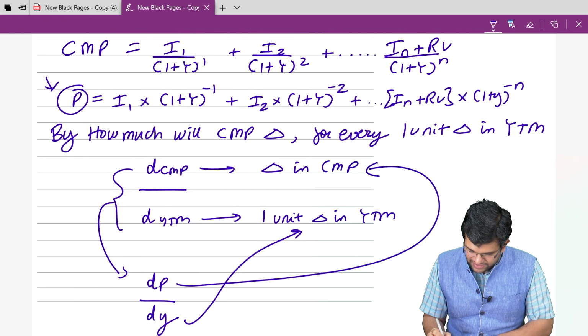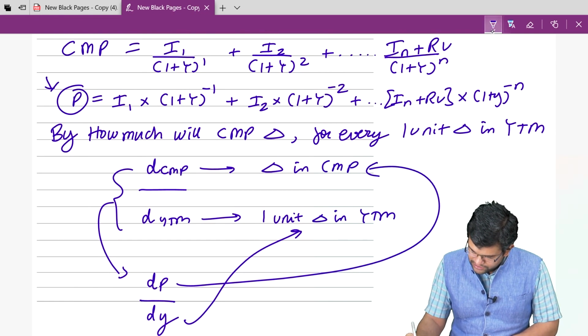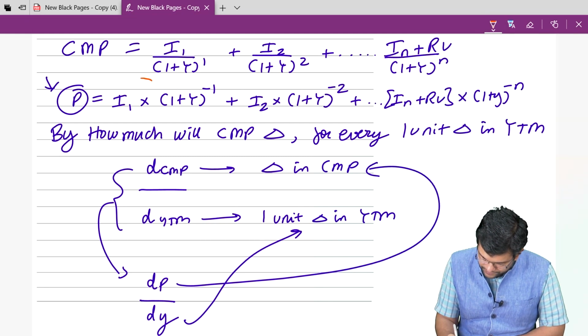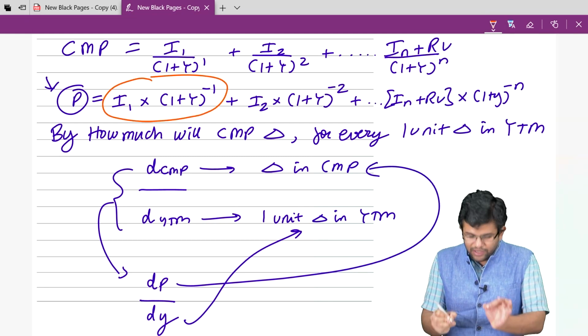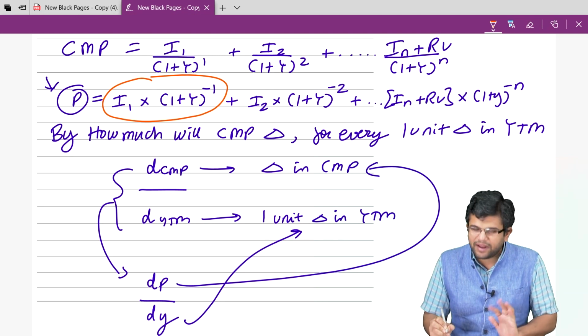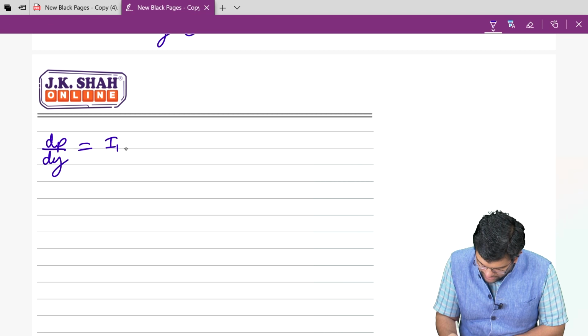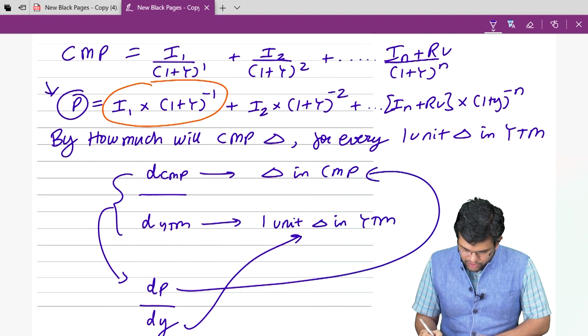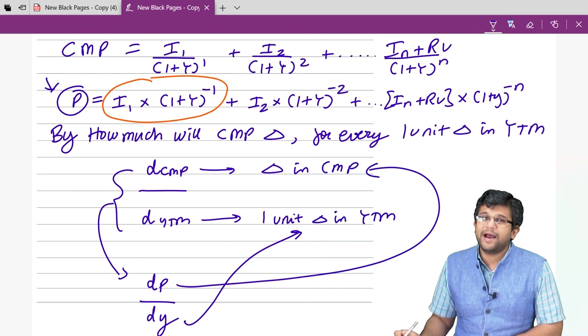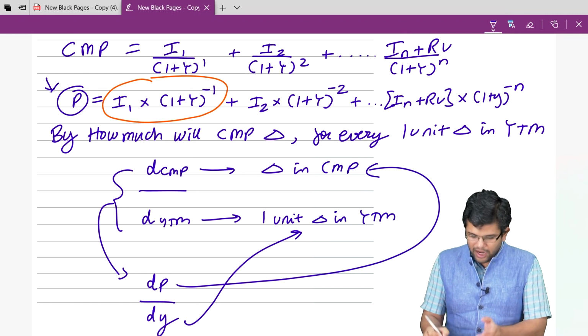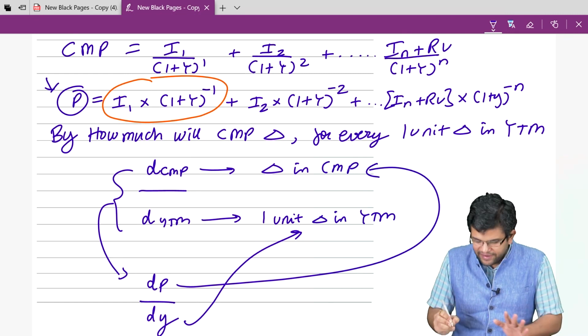Now how do I apply the differential here? Students, focus here please. Everyone focus on this part here. Children, in this part the I1 will remain I1 only, so I'll just write down here I1 into, now children, do you understand 1 plus y raised to minus 1? How do I take a differential here? How do I apply the derivative rule here?